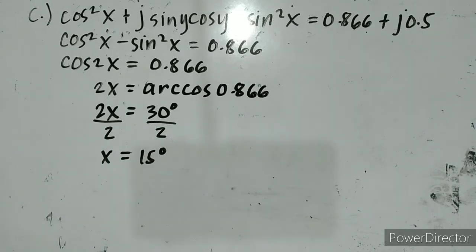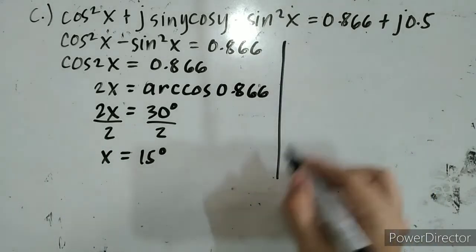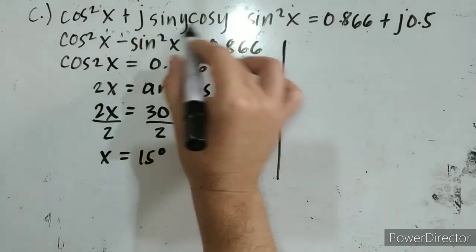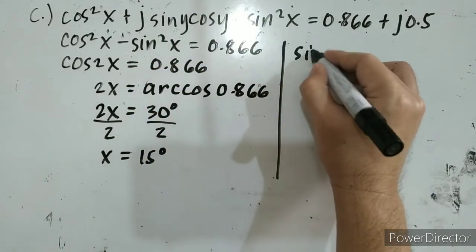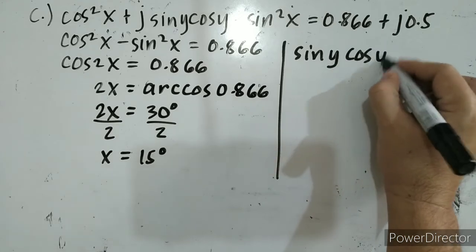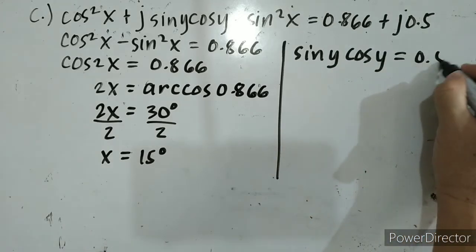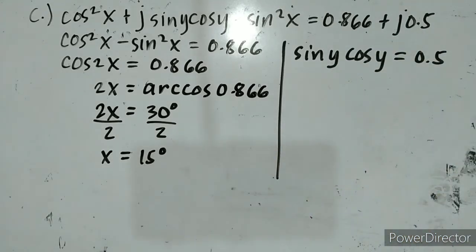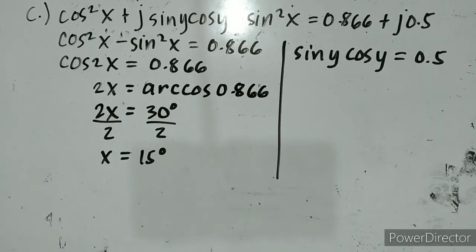Now for the other one, we have sine y cosine y, and it's equivalent to 0.5. We can simply cancel the j's for both sides, and sine y cosine y has an identity.